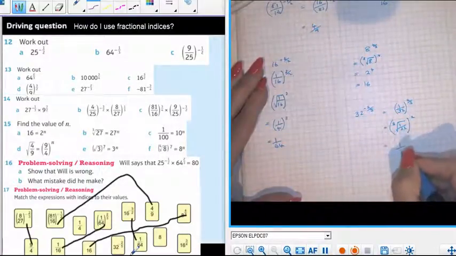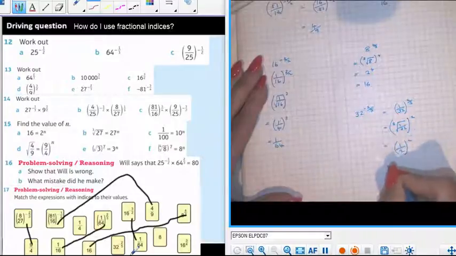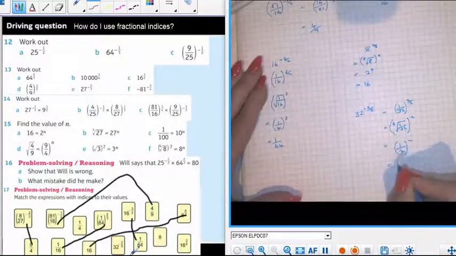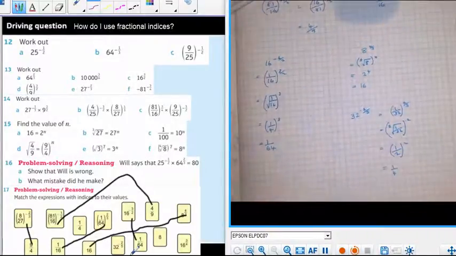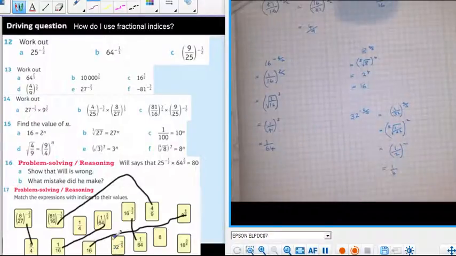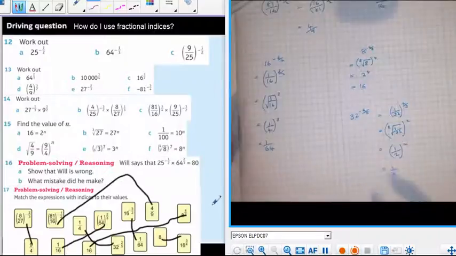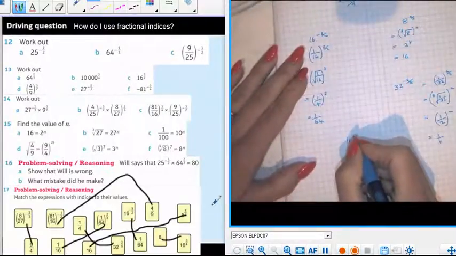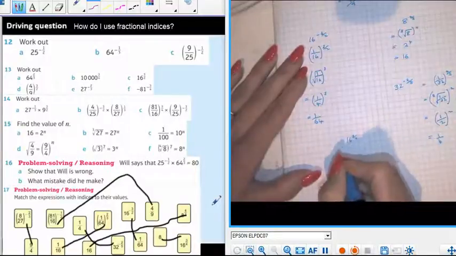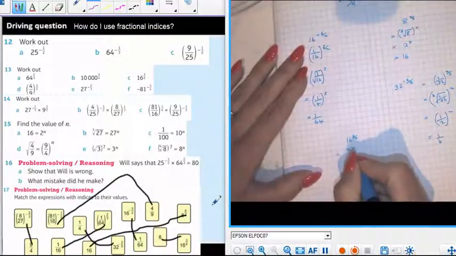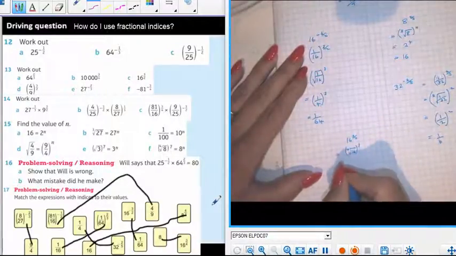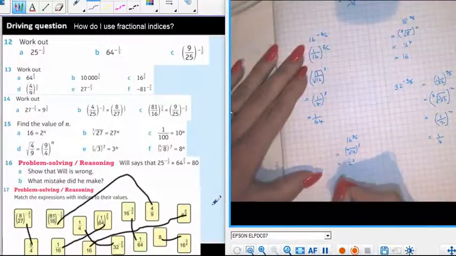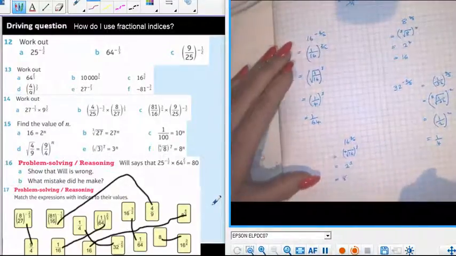Fifth root is 1/2, and 1/2 squared is 1/4. So this one goes here, which leaves this with this, but I'm just going to go through the answer anyway. 16 to the power of 3/4 equals the fourth root of 16 cubed. The fourth root of 16 is 2, and 2 cubed is 8.